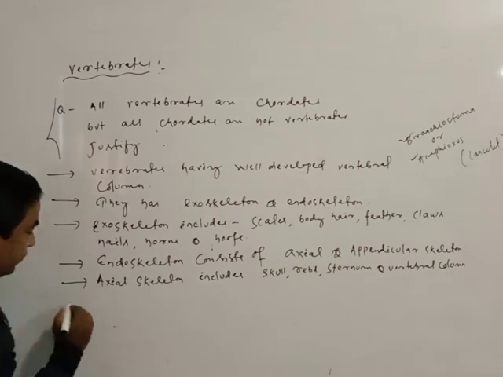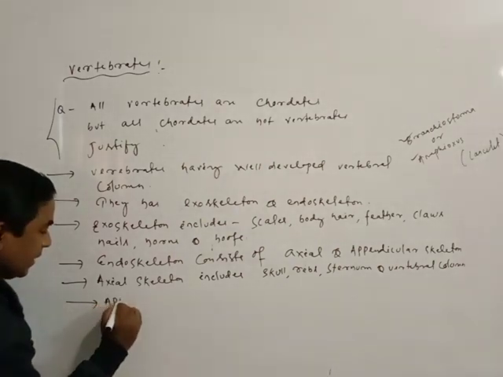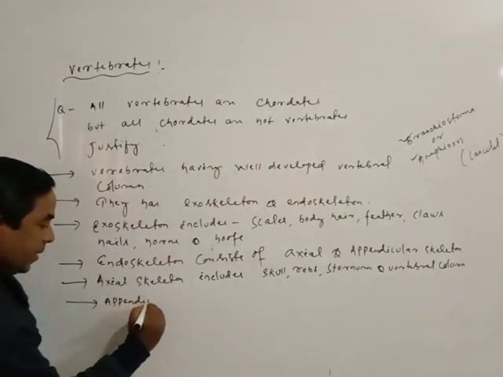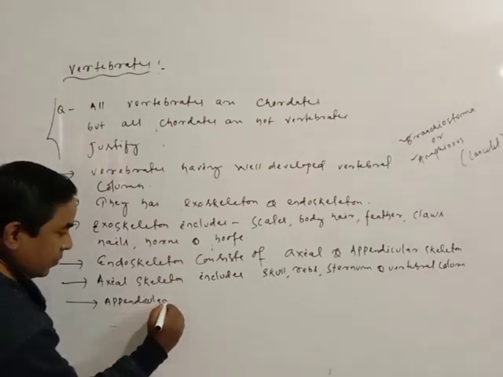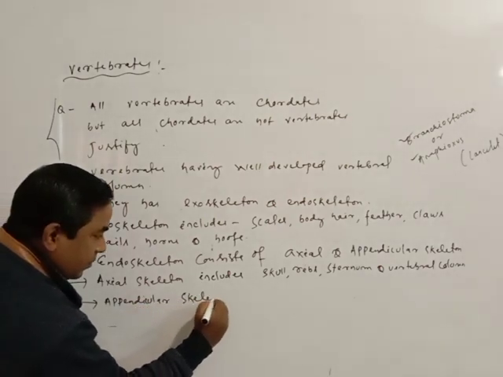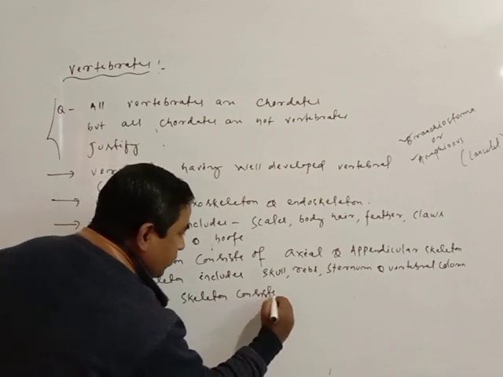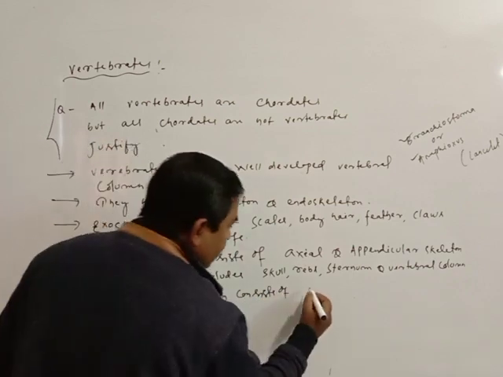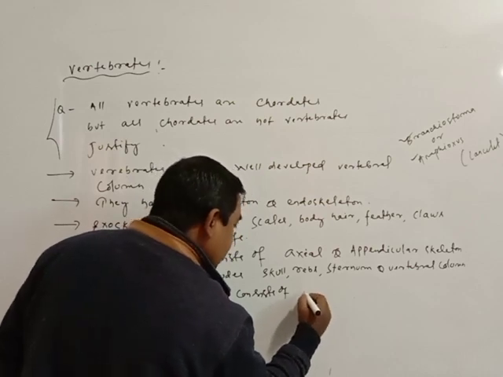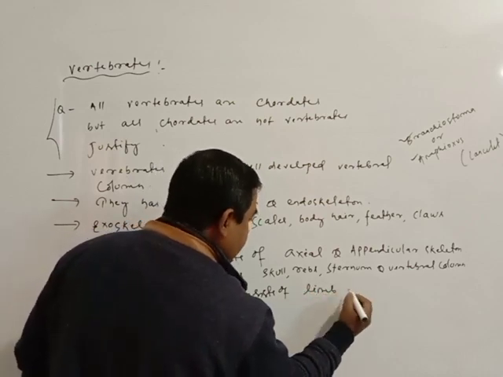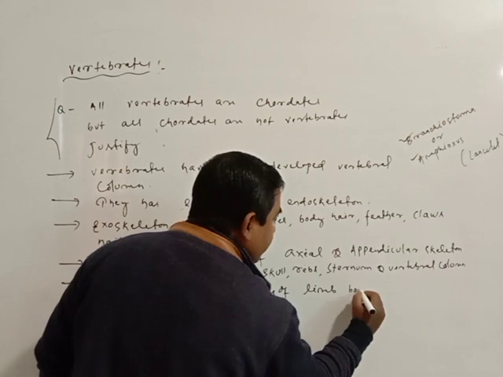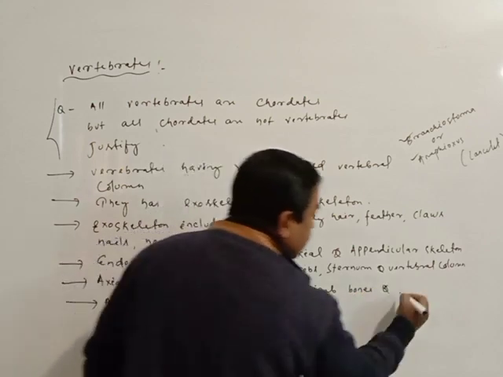Next, the appendicular skeleton consists of limb bones and girdle bones.